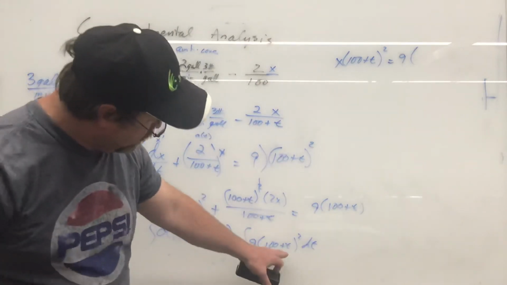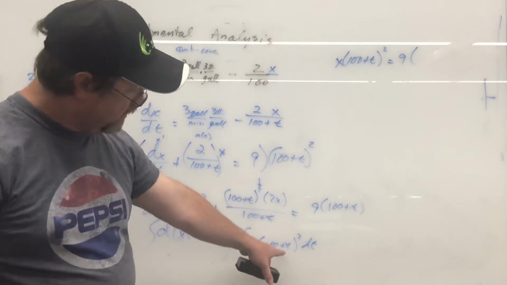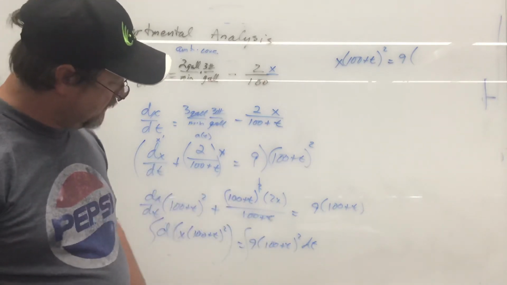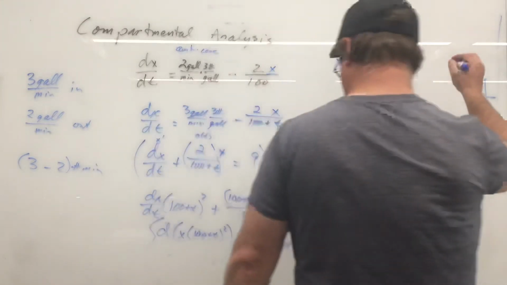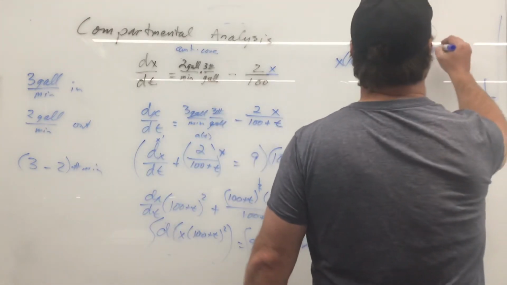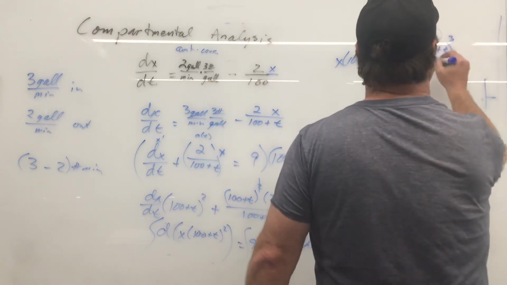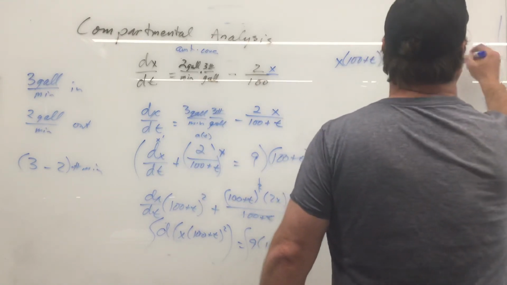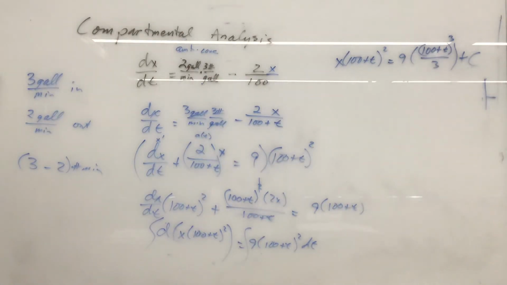And I've got u to a power where u would be 100 plus t, du would be equal to dt. So this is something to a power. I raise the power by 1 and divide by it. So when I integrate that, I get 100 plus t quantity to the third divided by 3. And then, of course, the obligatory plus c that always shows up here.